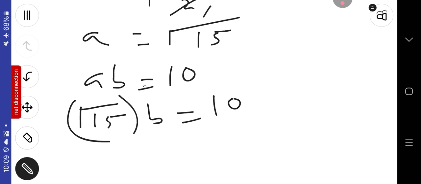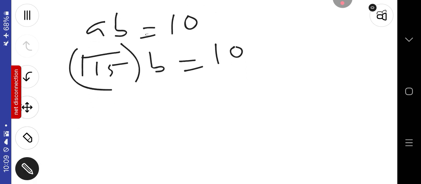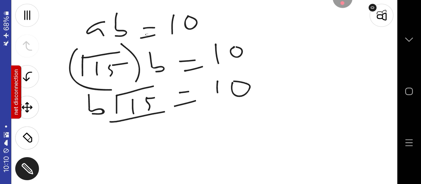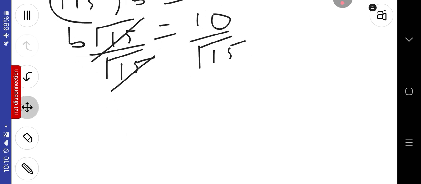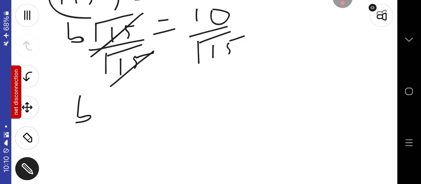So this will give us b multiplying the square root of 15 is equal to 10. To find b, we divide here by root 15, here by root 15. So this will cancel this. So you're going to have b is equal to 10 over root 15.